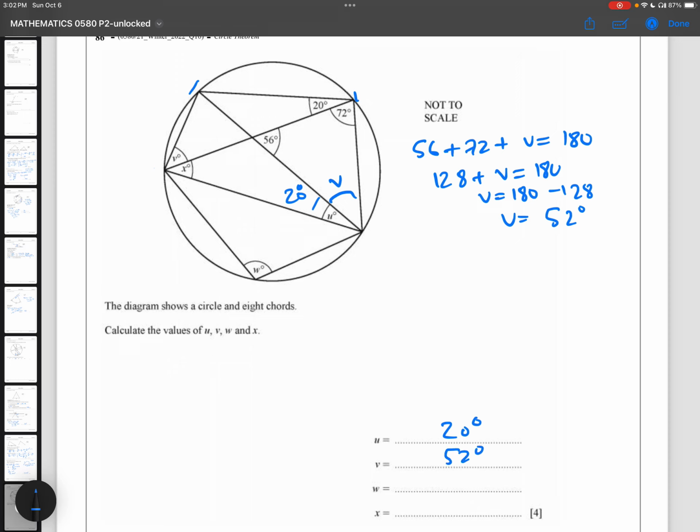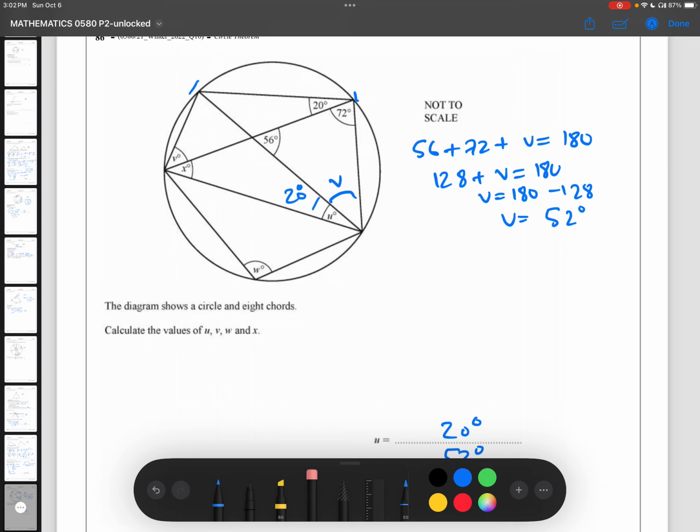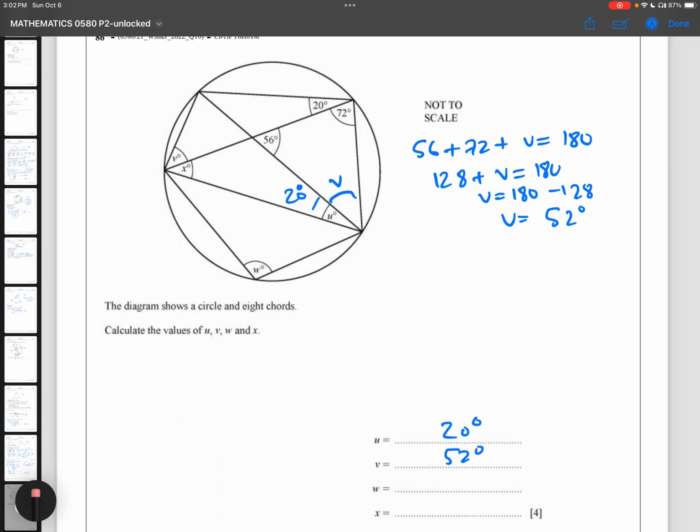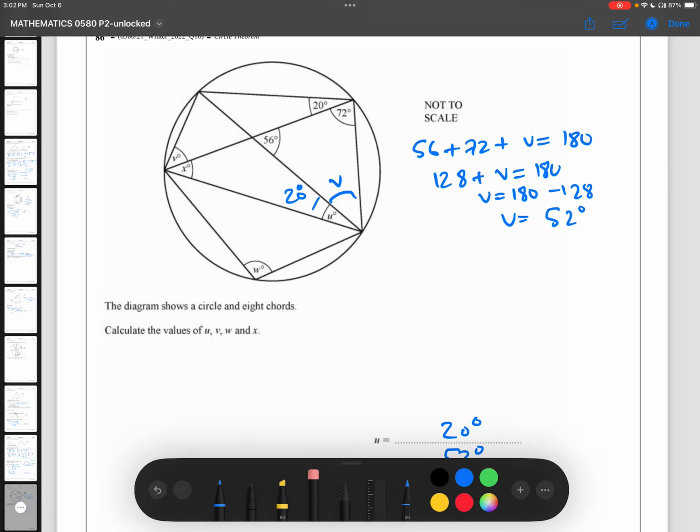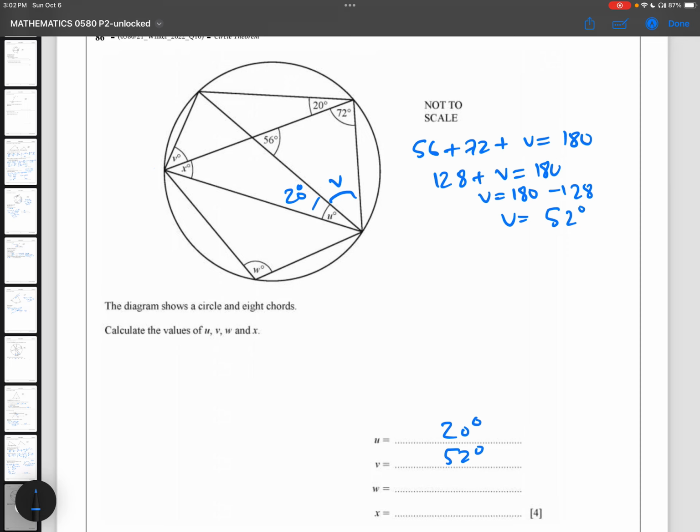Now we need to calculate w. Now w is being subtended by this chord and this chord. And the same angle 72 is being subtended by the same chord in the alternate segments.